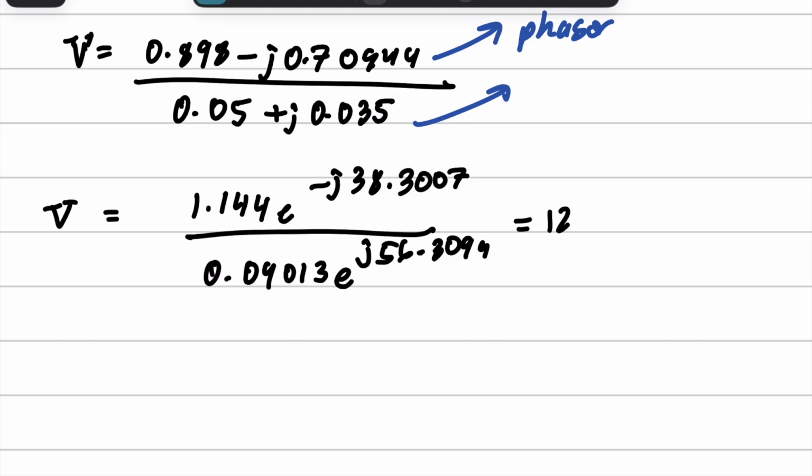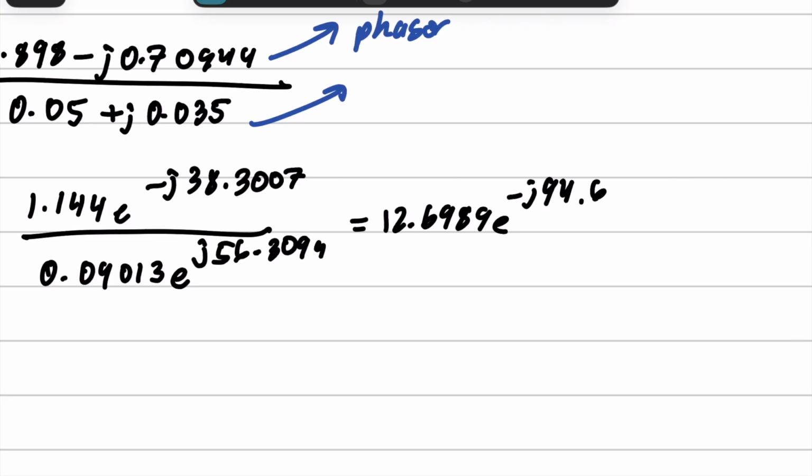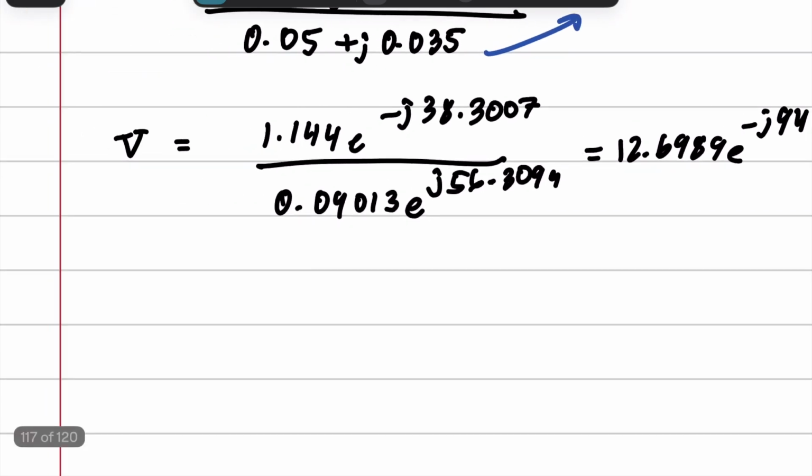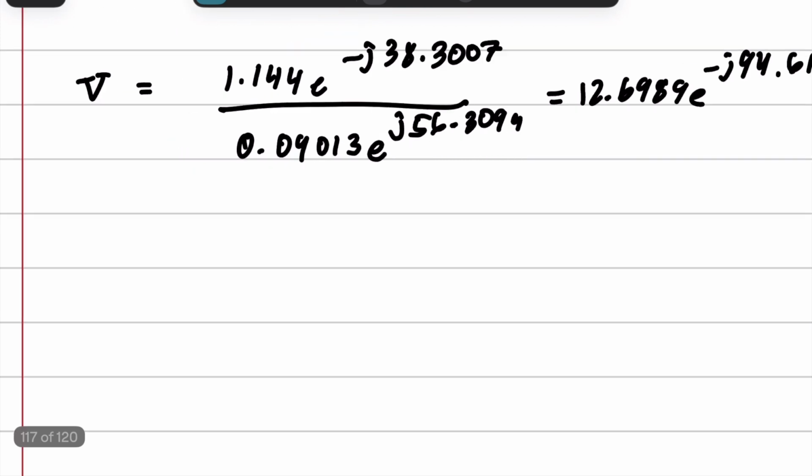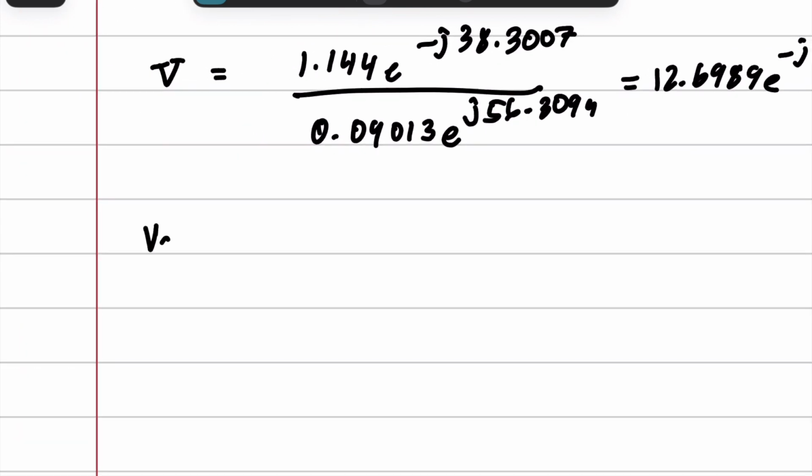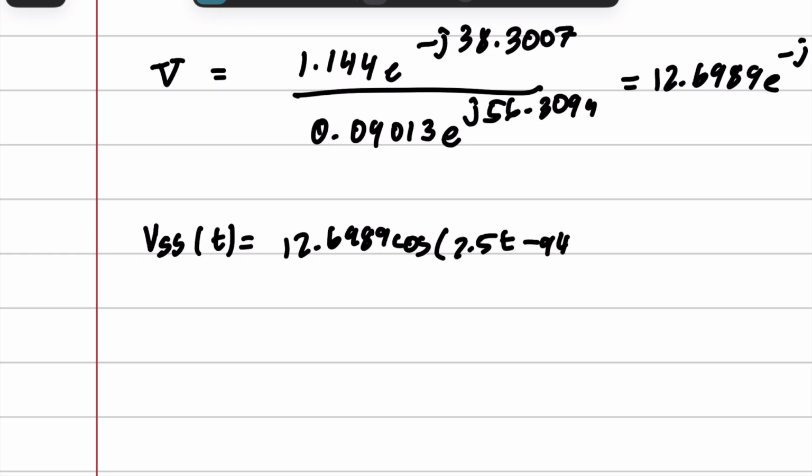And that's equal to 12.6989e^(-j94.6106°). And then finally, we can put this into the time domain. V_SS of t is equal to 12.6989 cosine(2.5t minus 94.6106 degrees). And this is the answer.